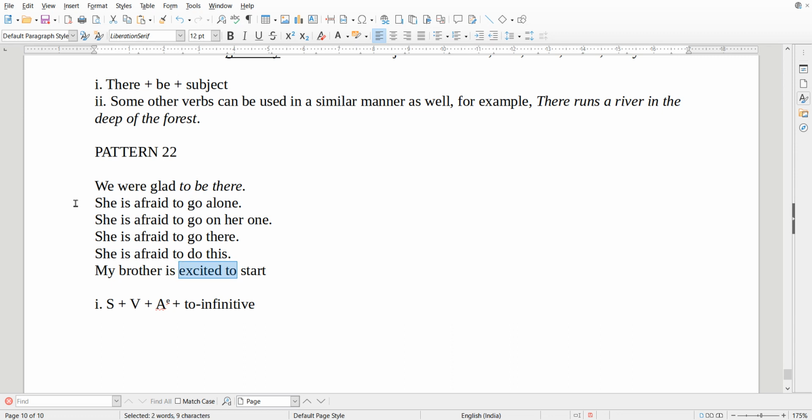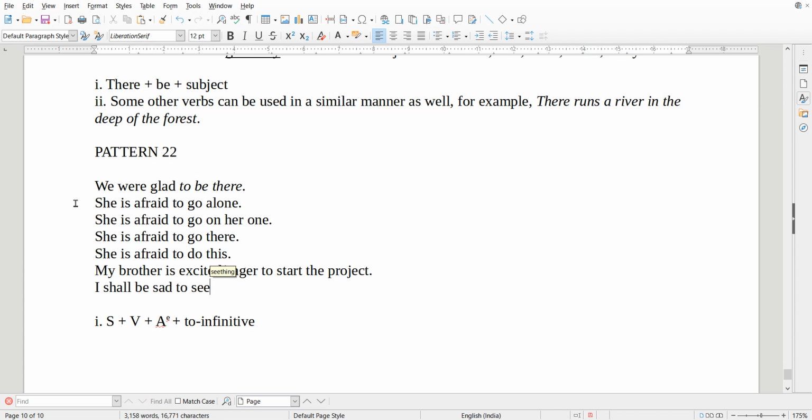I'm excited to do this, to start the project, maybe. Or you can use a verb like eager, for sure: eager to start the project. I shall be sad to see you go, for example. To see you go, that's also possible.